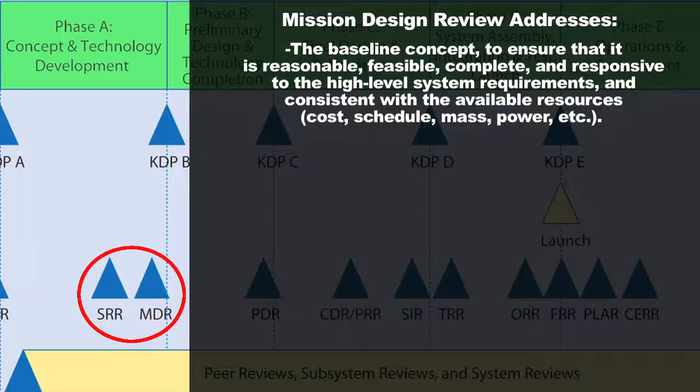And they're going to look at that baseline concept to ensure that it's reasonable, feasible, complete, responsive to the high-level requirements that you set out for it, and consistent with the available resources, being anything from technical resources like mass and power to programmatic resources like cost and schedule.